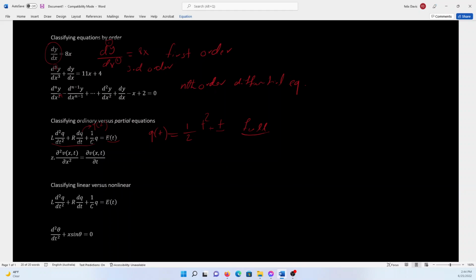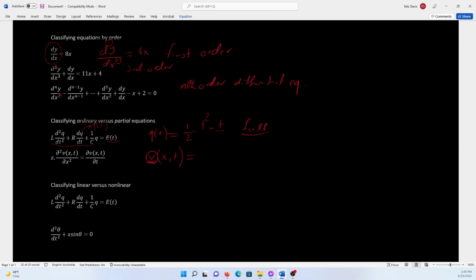However, here on the second example, let's say our velocity v is a function of both x and t. This is just for the sake of example. Since you have two variables and you're taking the derivative of v at each given time based on only one of its variables, you're not taking the full derivative of this function.